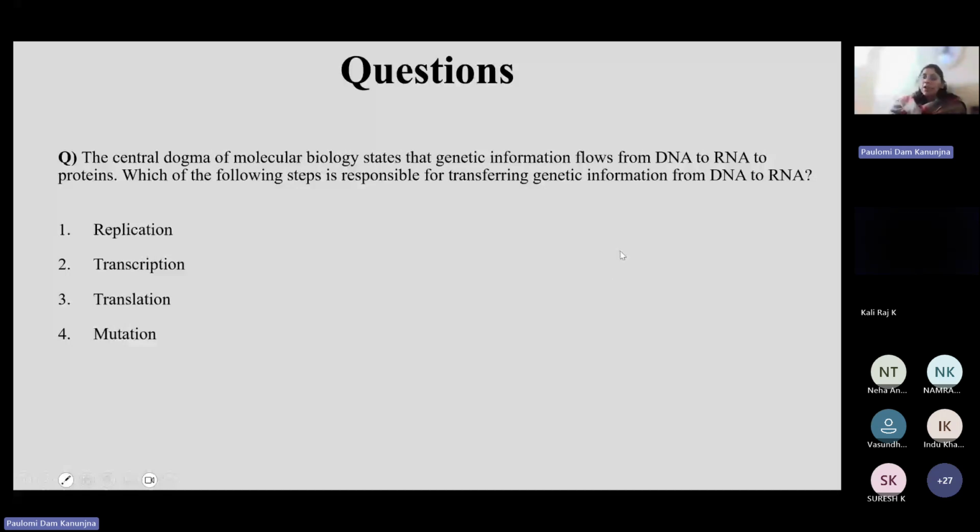So which one is correct? DNA to DNA, DNA to RNA, RNA to protein. That's the central dogma. It's DNA to RNA, okay? Remember that. Okay, I will give the answer. This is transcription.